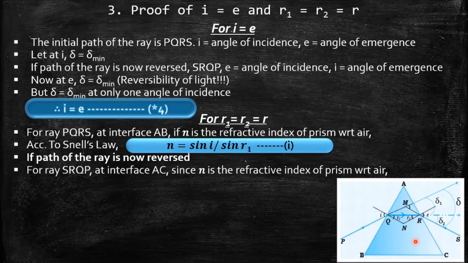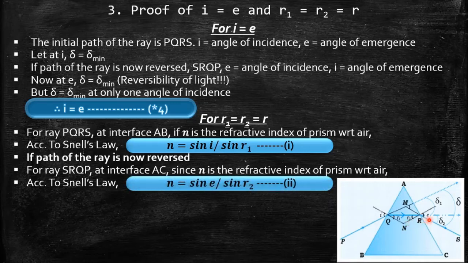Well, obviously yes, but over here this time E becomes my angle of incidence and R2 becomes my angle of refraction, right? So what do you get? Well, according to Snell's law, N will be equal to sine E this time upon sine R2. I'm naming this equation as small Roman number 2.